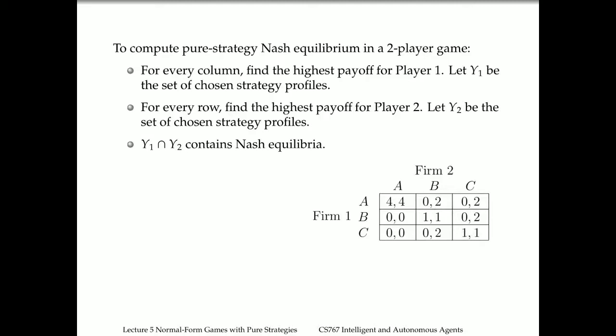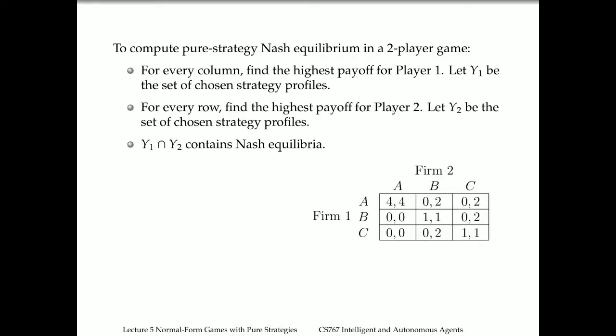So this means essentially we need to identify entries in this matrix that are seen to be the optimal response from the point of view of firm 1. And we call these entries Y1. Right? So these are all of the strategy profiles that represent best responses for player 1.